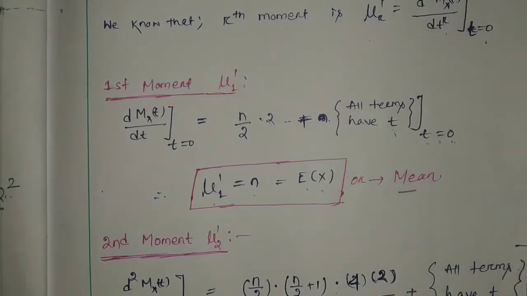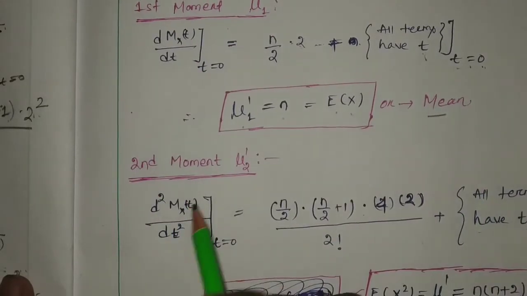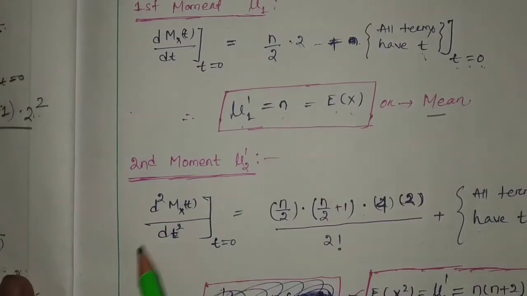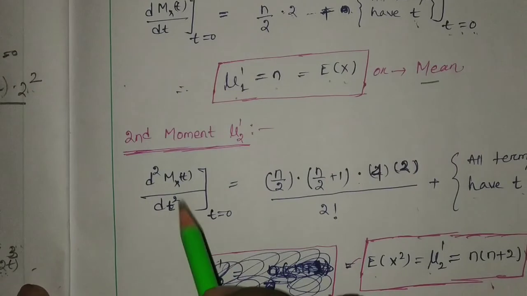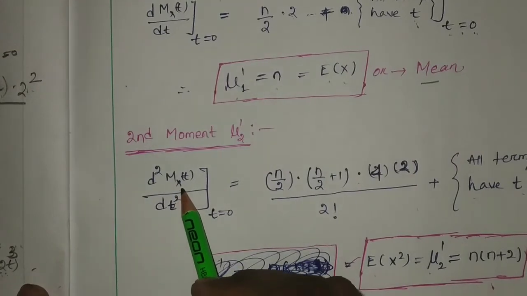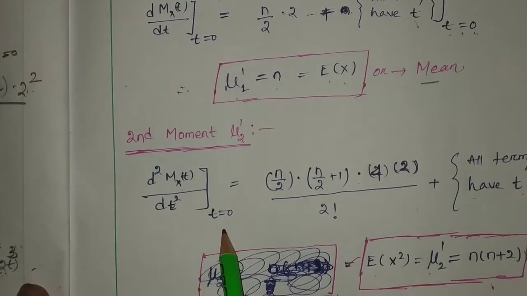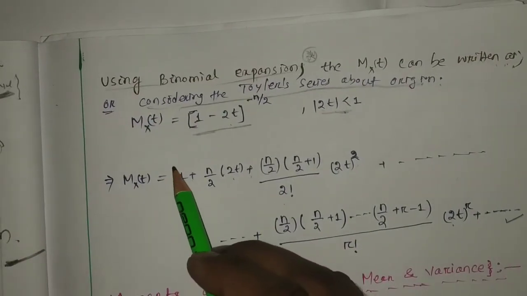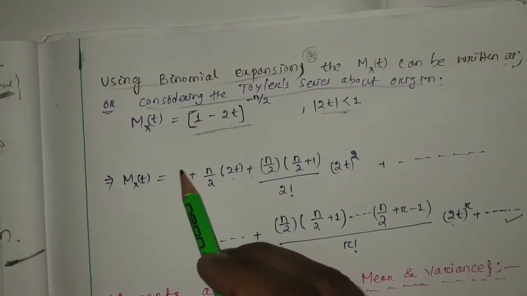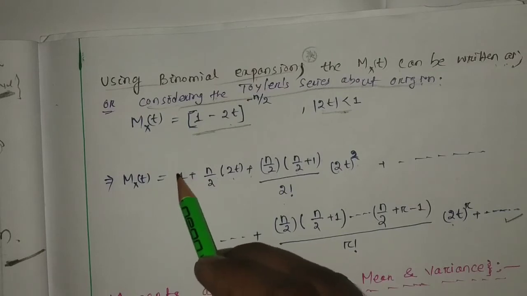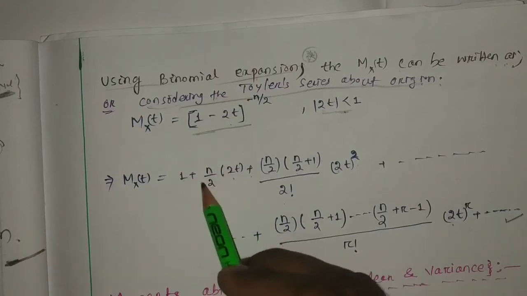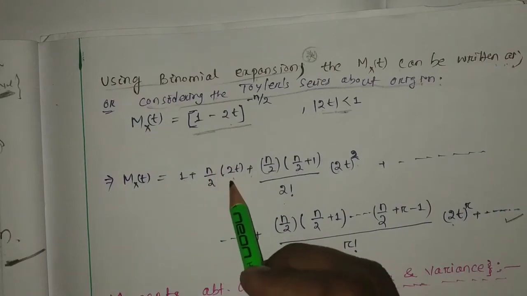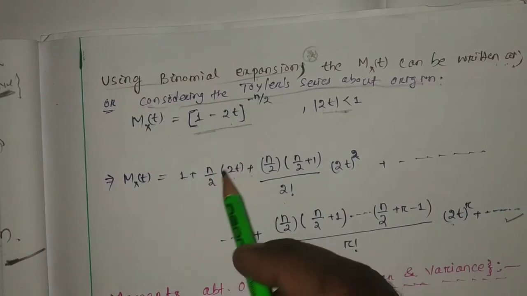Now we are going to go for the second moment, that is mu 2 dash, that means 2 times derivative of the moment generating function, then we have to put t equal to 0. Here you can see that if we consider this term and take the 2 times derivative, obviously this will be 0. You consider this one, 2 times derivative with respect to t, what are you going to get? You are going to get 0.